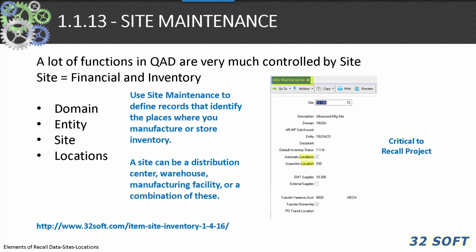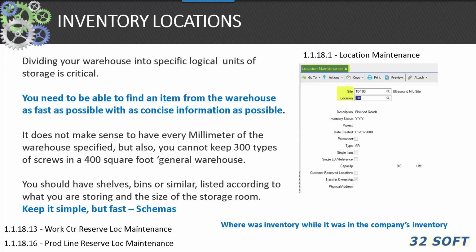Site designations are one of the more important aspects of control with regards to recall, since the sites determine where you manufacture and store inventory. Inventory locations are where inventory was and is under the company control.